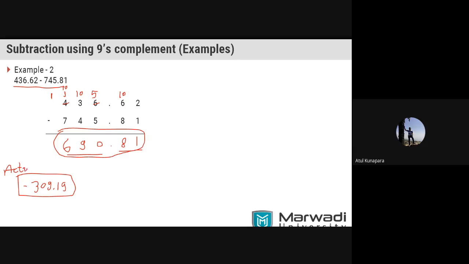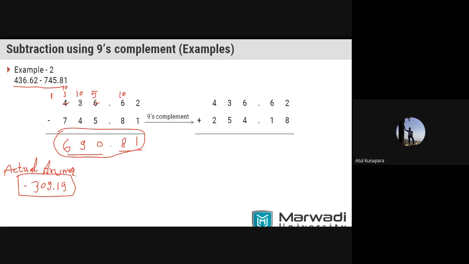But if you do the subtraction using the 9's complement form, then you will be able to get this actual answer. So let us show you how you are going to do that. So we go with the 9's complement method here. So 436.62. Now we will get the 9's complement of 745.81. So the 9's complement of 745.81 is this one, right?